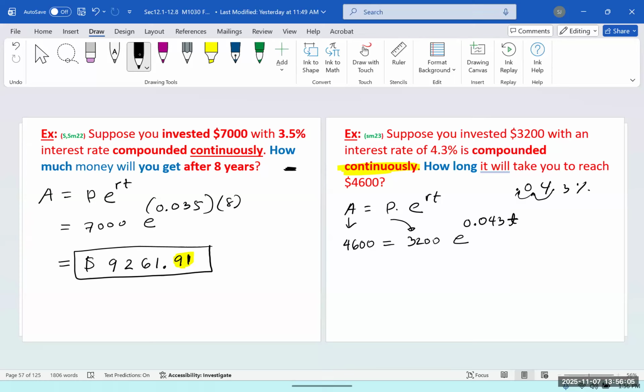And now this is an exponential equation because our variable is in the power. Anytime a variable is in the power, it's exponential. So to solve exponential, you need your logarithmic equation, the enemy. So what is our first step? Our goal is to get this t alone.